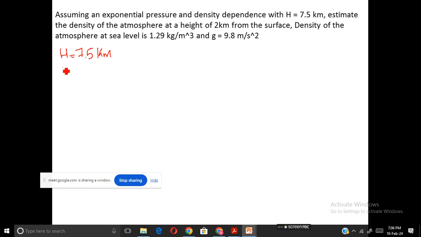The height at which we have to calculate the density is given. The surface density rho 0 is 1.29 kilogram per meter cube. The value of g is 9.8 meter per second square.